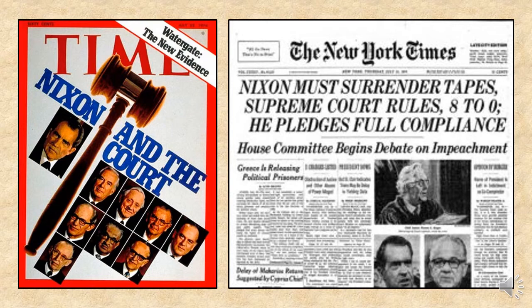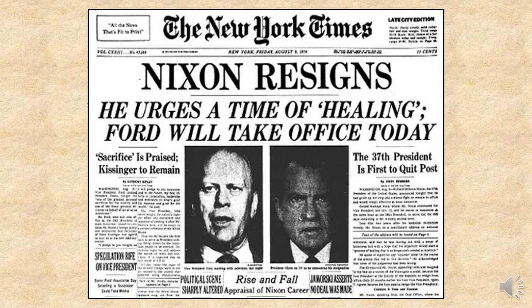But what does he do when the Supreme Court orders him to do it? Notice here in this headline, he pledges to comply, and he did. He eventually turned the tapes over. And the result of all of this was not that he got impeached, but that he resigned from office. So he had big incentives to try to disobey the court, but he didn't dare. Why would he not dare to disobey the Supreme Court?